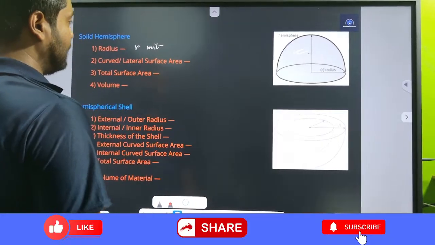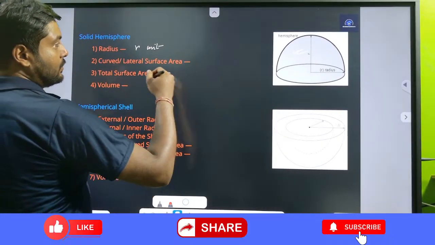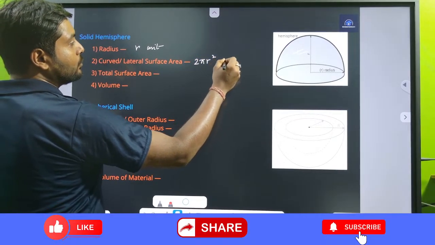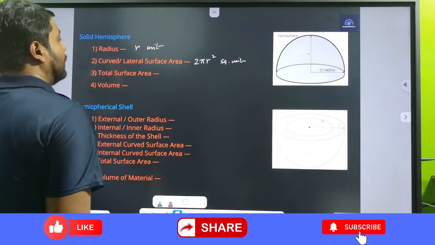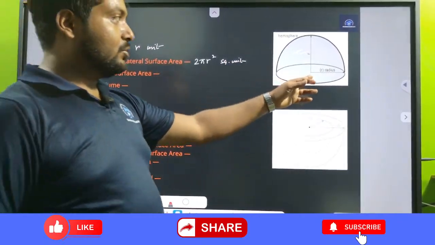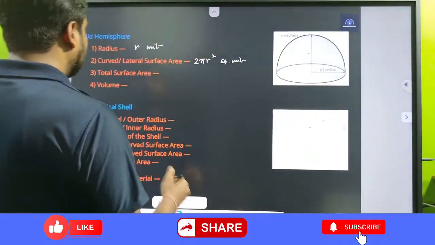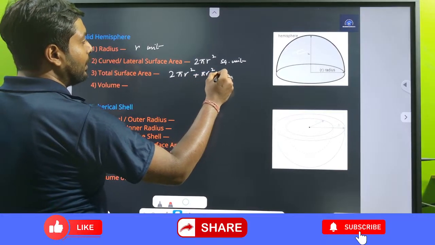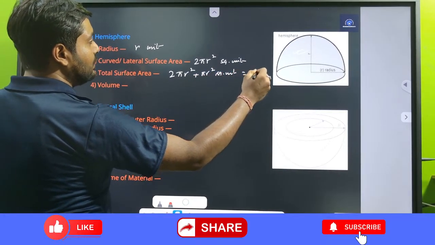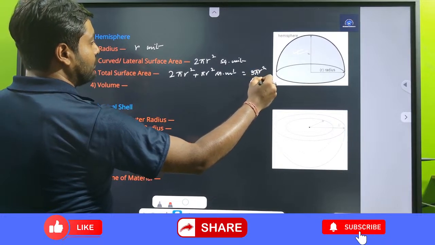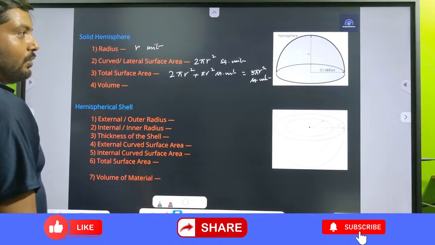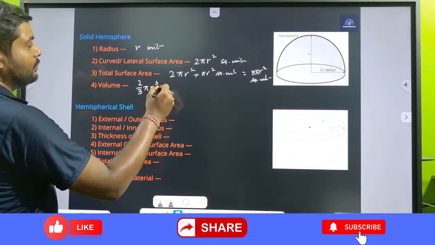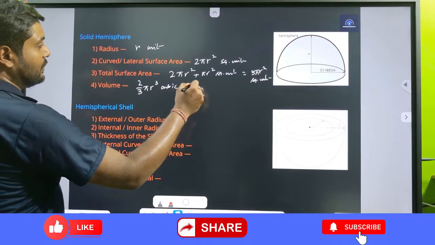So curved surface area of the solid hemisphere will be 2 pi r square unit. But the total surface area, this is a circle, so pi r square is the area of this circle. So the total surface area will be 2 pi r square plus pi r square unit, that is 3 pi r square unit. And the volume will be directly half, that is 2/3 pi r cube cubic unit.